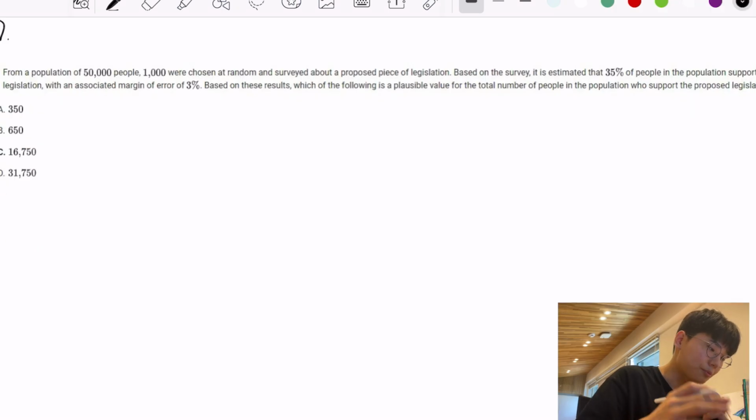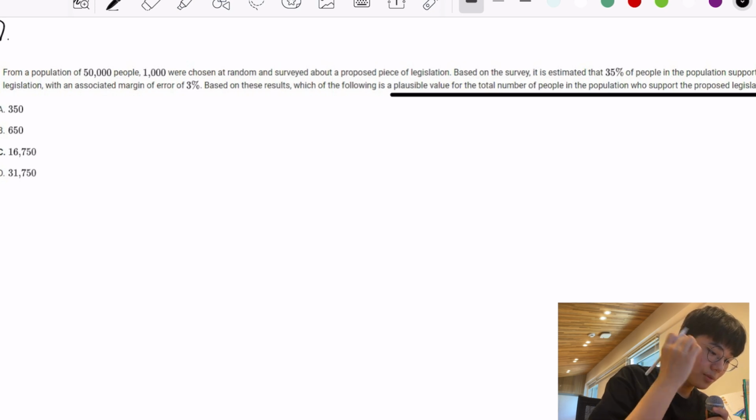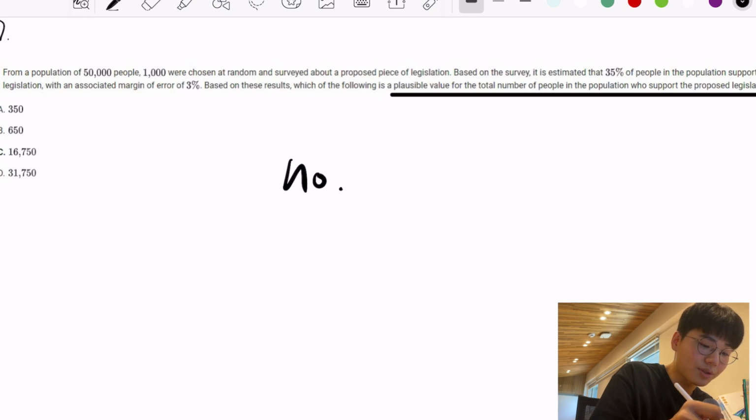So problems like problem 7 are the ones where you don't really want to spend much time. It's an easy question, so we should just skip over all the stuff that is irrelevant by looking at the last sentence, where they tell you what we want to get from this question, which is, for this problem, a plausible value of the total number of people in the population who support the proposed legislation.